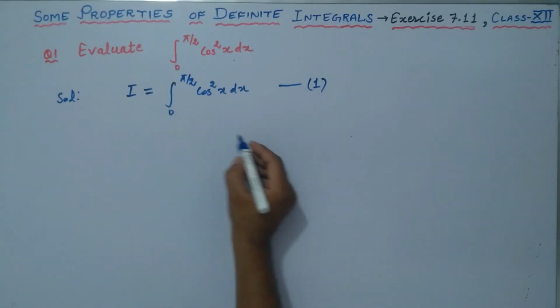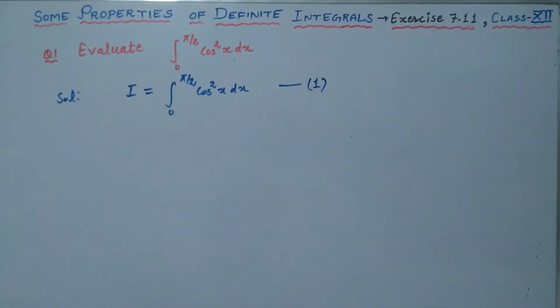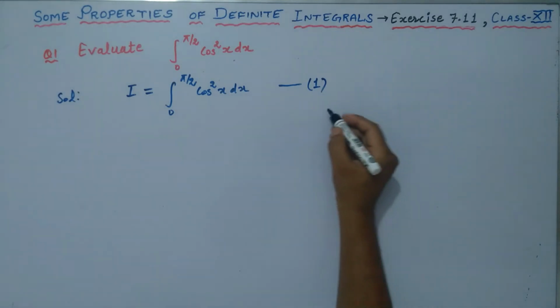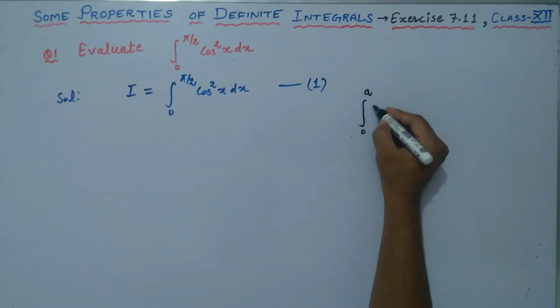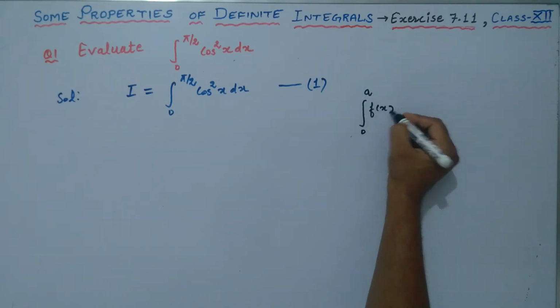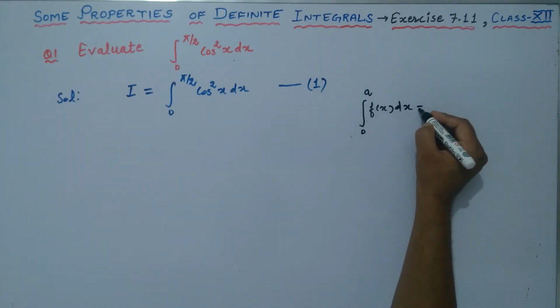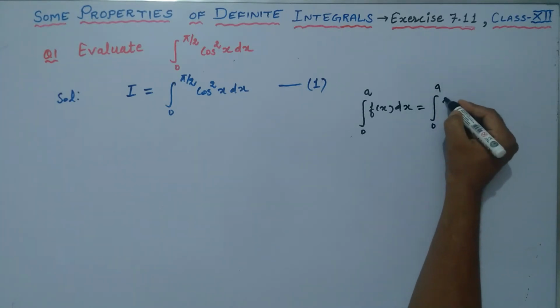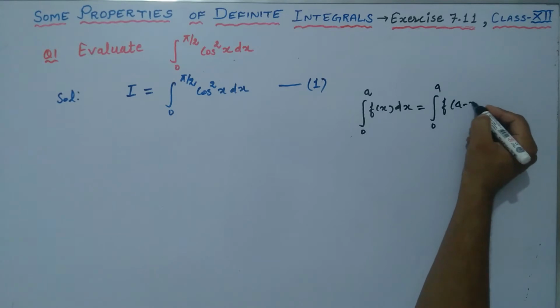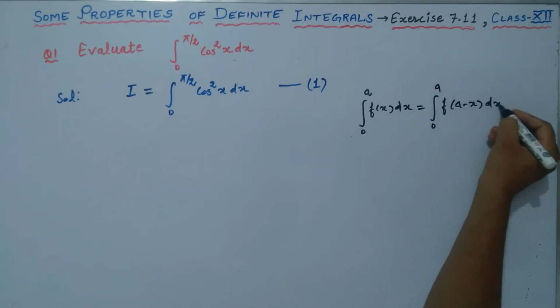So now here we apply one property. What is the property? The integral from 0 to a of f of x dx is equal to the integral from 0 to a of f of a minus x dx.